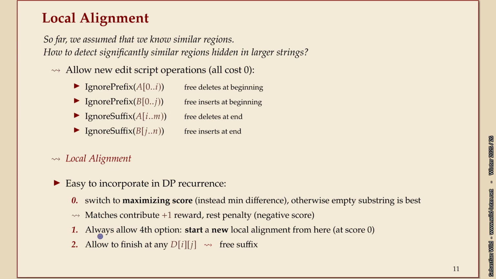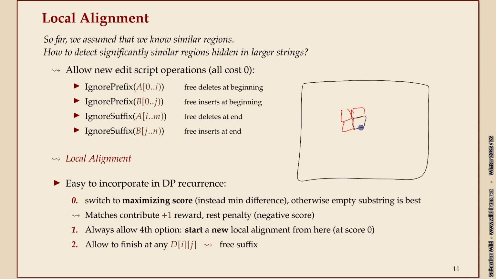Now, the other thing we need to do if you think about our dynamic programming approach, is to incorporate these special operations. And they look like they're symmetric, but from the point of view of the algorithm, you handle them slightly differently. If you want to allow ignoring a prefix of the string, what that means is at any point in time in your dynamic programming matrix, you used to have these three options of where you can come from.